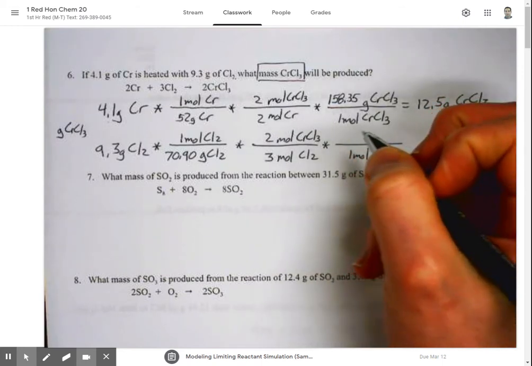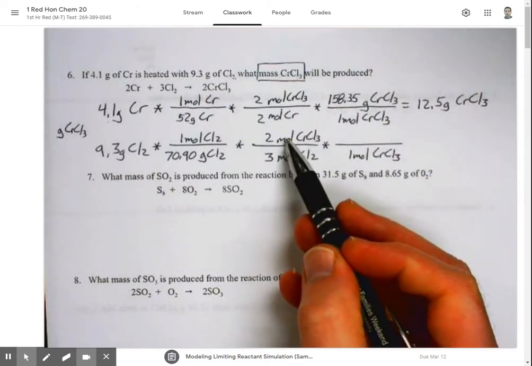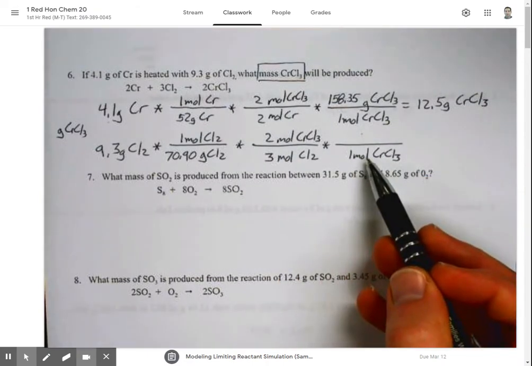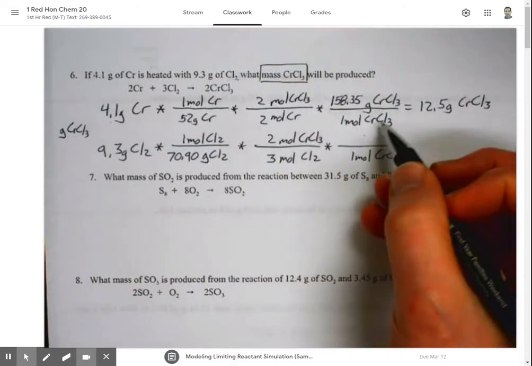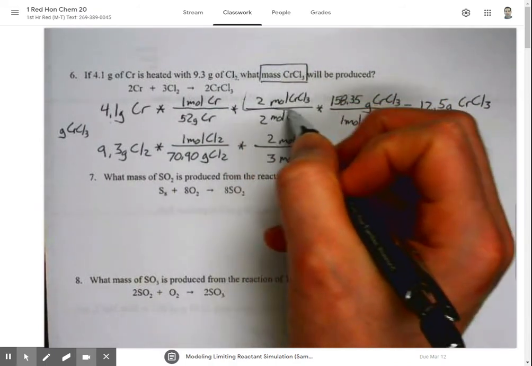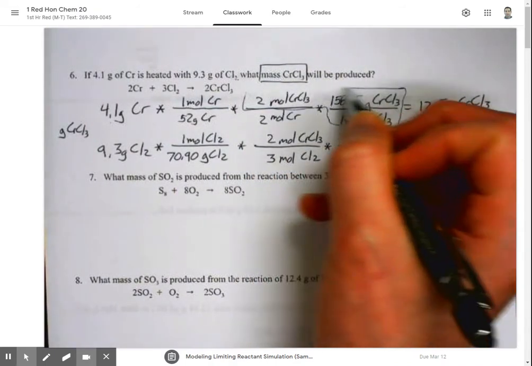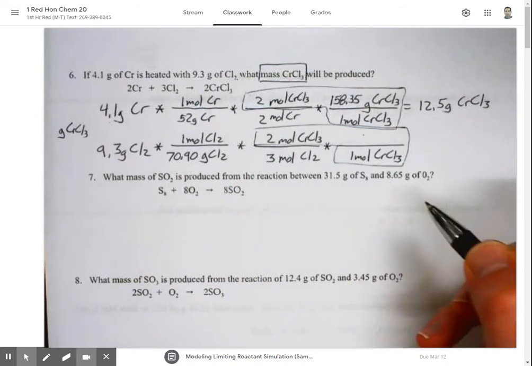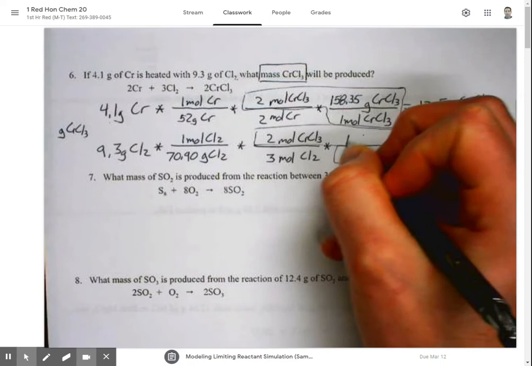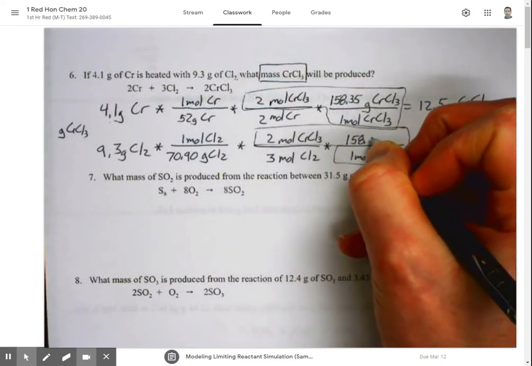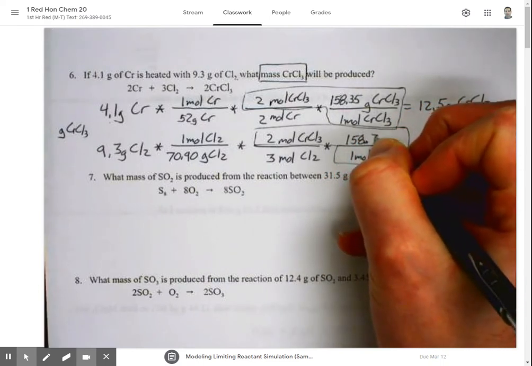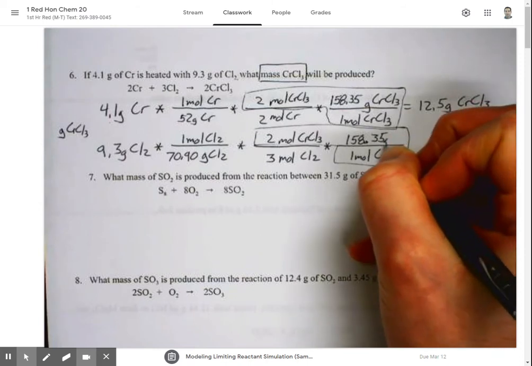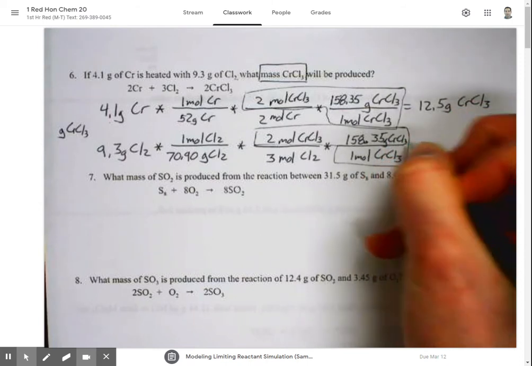So you're really only doing 1.5 problems because this portion and then these two portions are identical from up above. If you just look at this part and compare it to this part, those pieces are going to be the same. And that's precisely because you're making the same product so that we can compare the results.